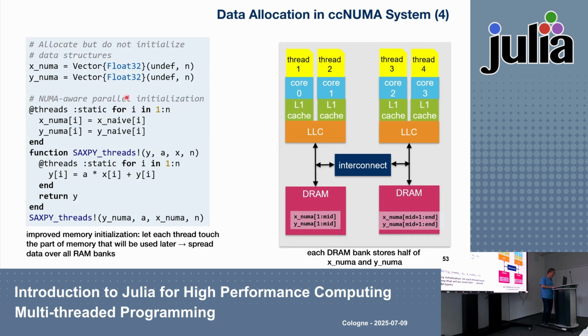To solve the problem, one needs to write the so-called NUMA-aware parallel initialization. And in this case, you can visualize the effect here. Instead of only locating X and Y in this part of the region, if one puts the threads in front of the initialization for loop, then this big chunk of the data will be located in parallel in different memory regions.